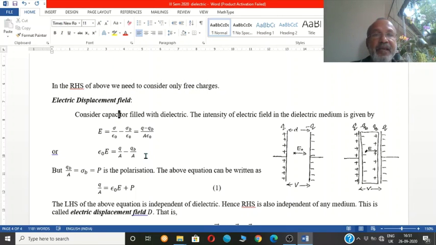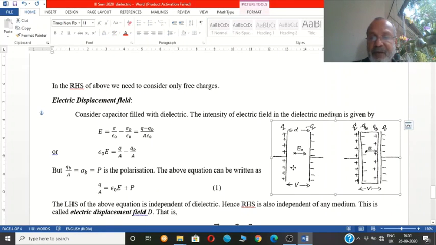We are going to derive the relation between D and E, also the definition of the displacement field. For that, let us consider this diagram again, the capacitor without dielectric and with the dielectric.